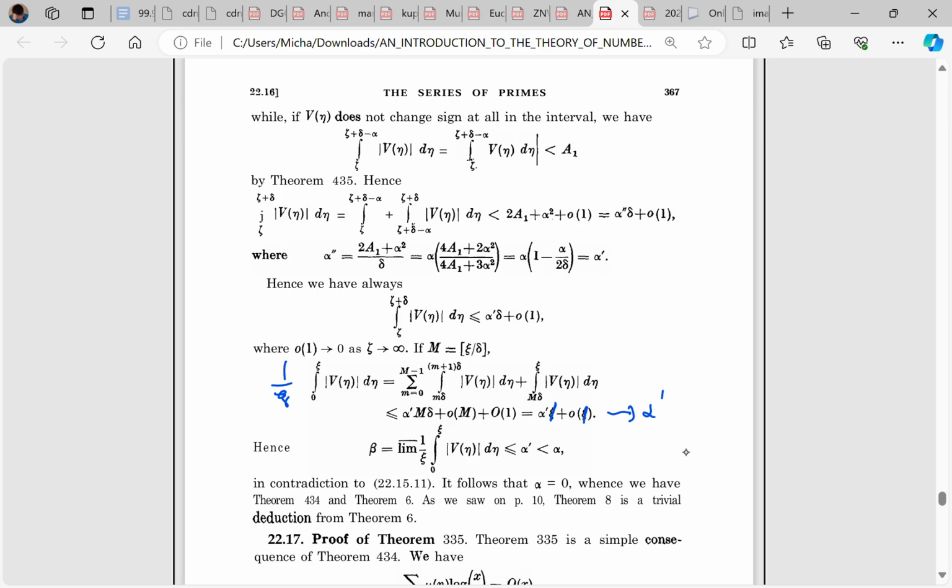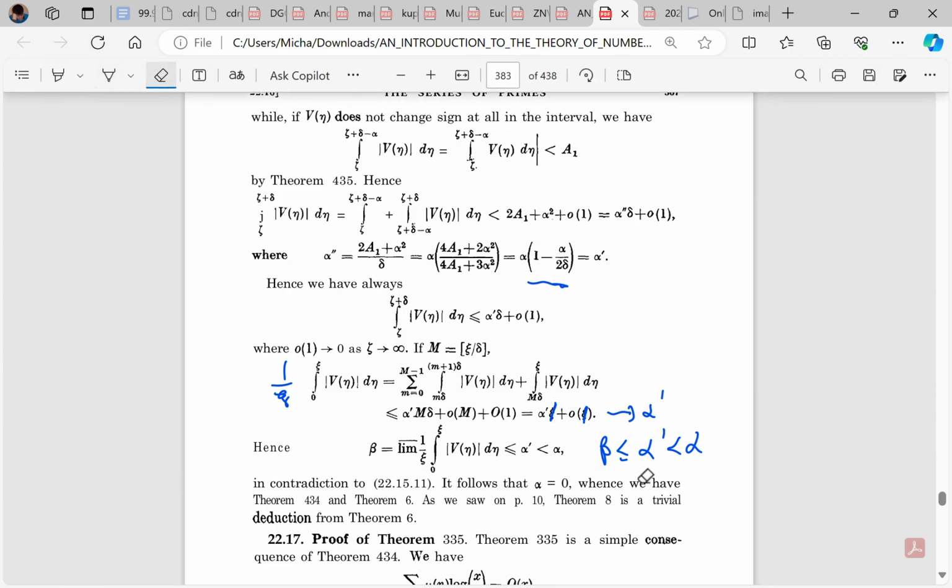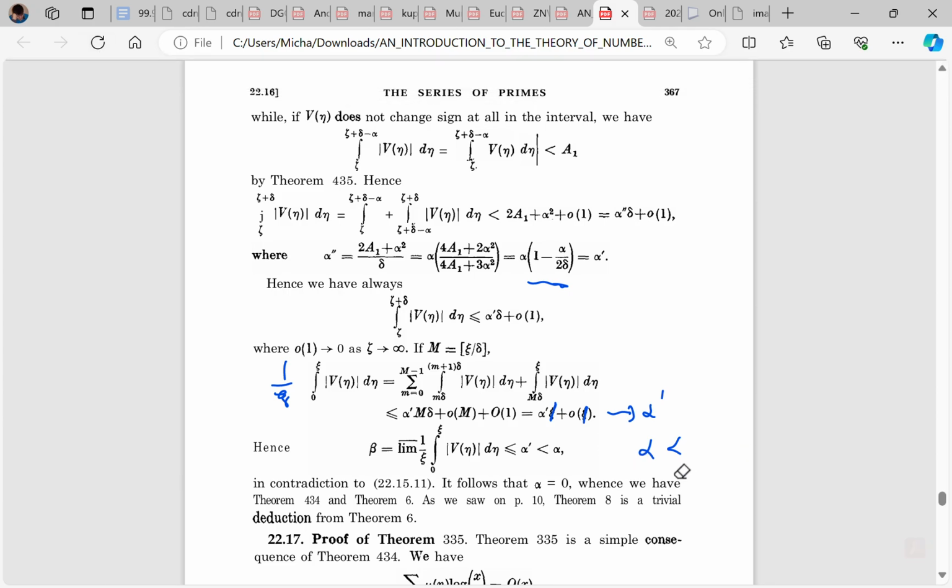Then we get beta less than or equal to alpha prime. Okay, and we showed alpha prime is less than alpha. Oh my gosh. So this is the end of this epic proof.